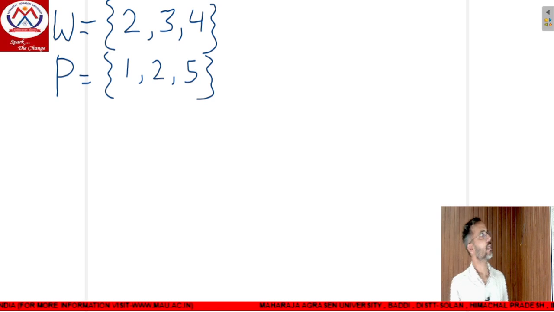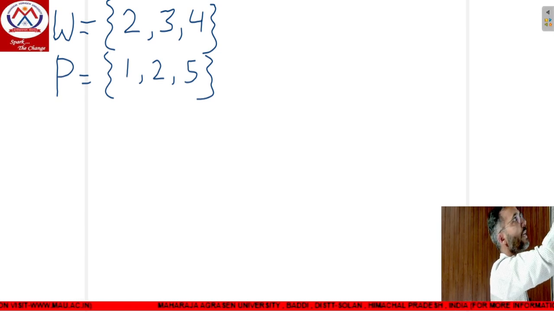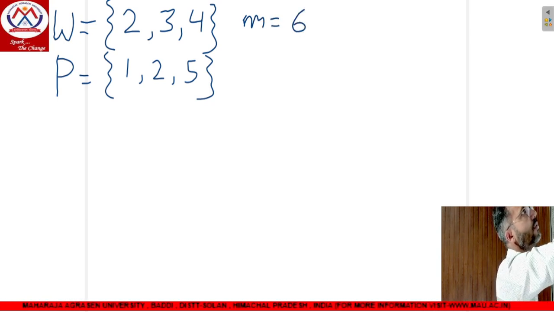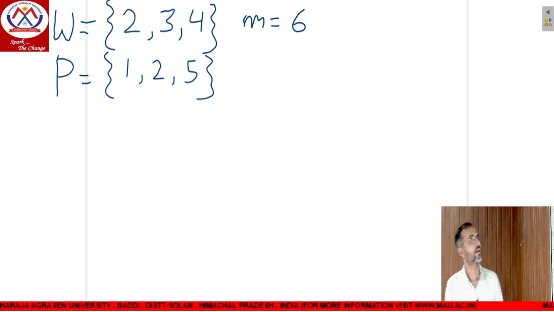As we are considering the knapsack problem, we have to accommodate the maximum weight that can be accommodated by the knapsack, that is called M equal to 6.